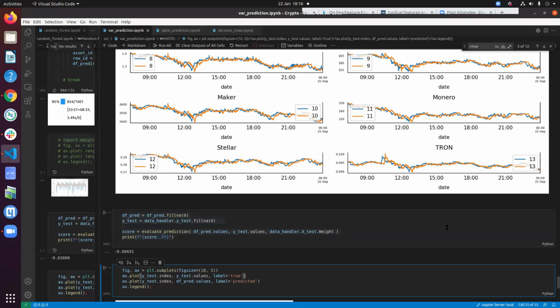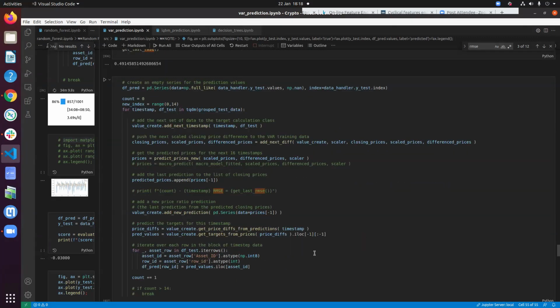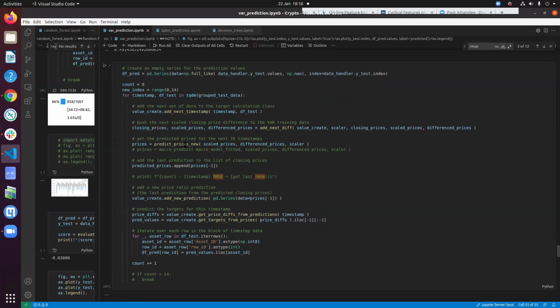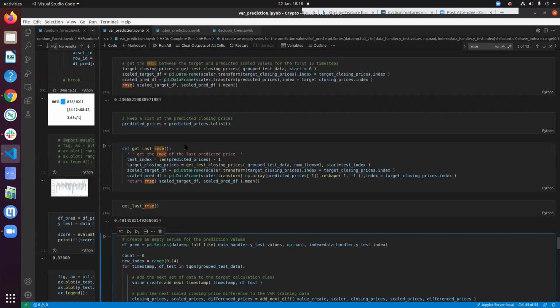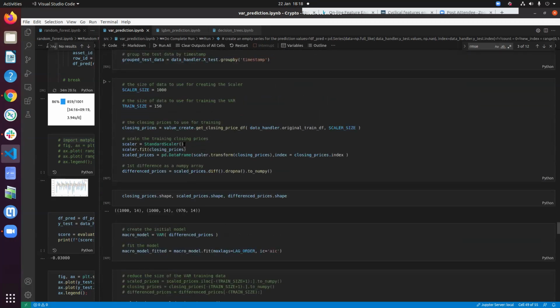Yeah, the reason I didn't run that was because when it runs, it's recreating the VAR every time step. I think this function here, price is new. Oh yeah, you do that to get the new data every time.